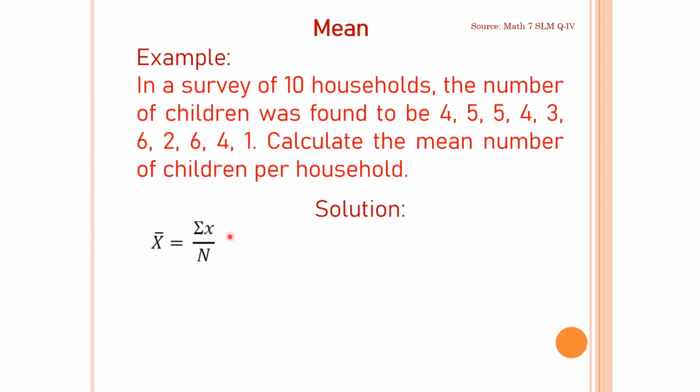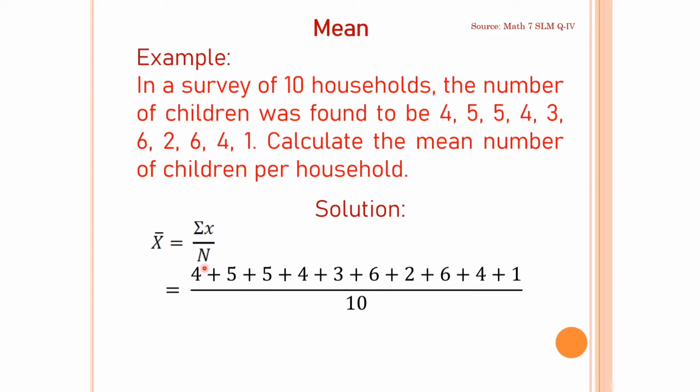Using the formula x bar is equal to summation of x divided by the number of values, we substitute the given data set in the formula. So the values of the data set are 4, 5, 5, 4, 3, 6, 2, 6, 4, 1.